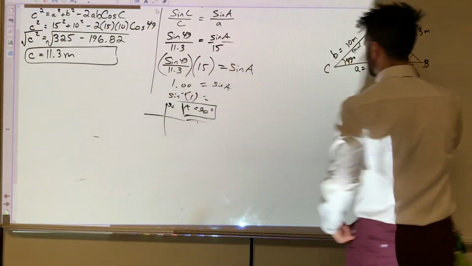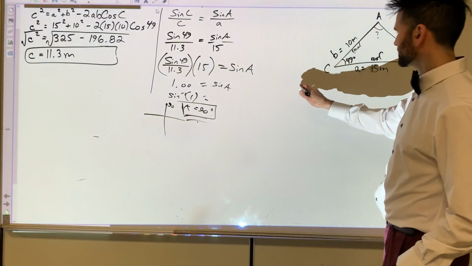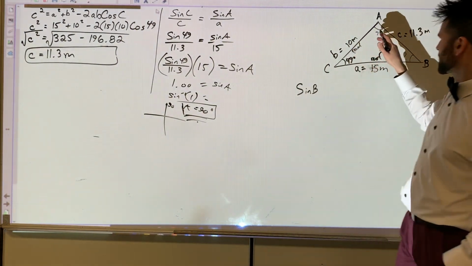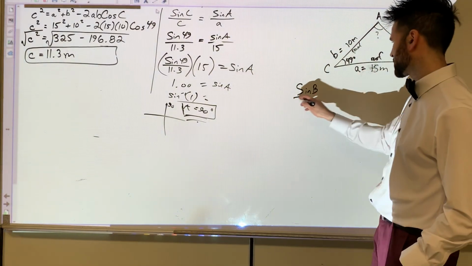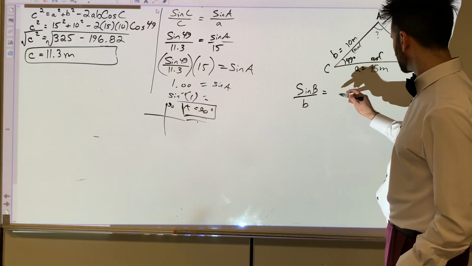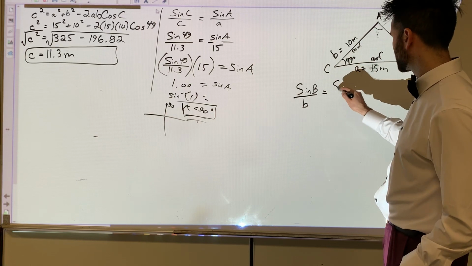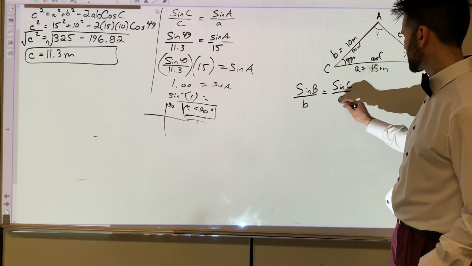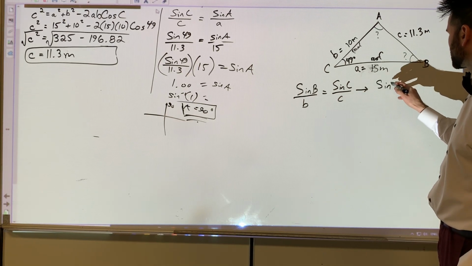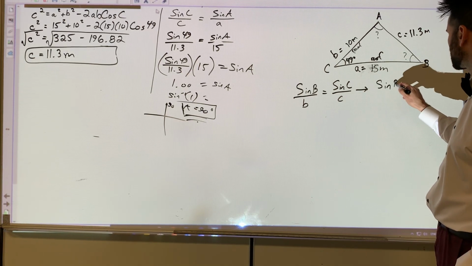Let's do sine law for B. Although at this point, we could go 180 minus that and that to get that. But just for practice, we'll use sine law. And let's use, I guess, C. Yeah, this question was just a nightmare last year. So sine B is what we don't know.